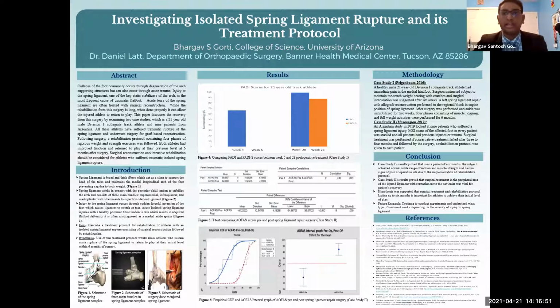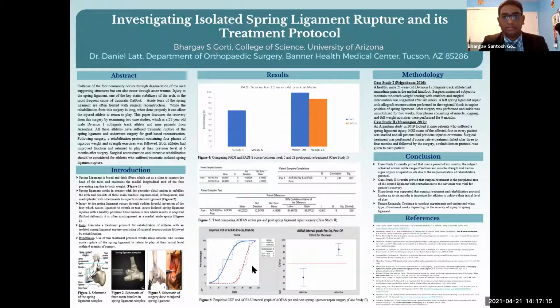The values that I would like to stress on this table is that AOFAS pre has a value of about 39, and the AOFAS post has a value of 84. This shows that there is a significant increase in the treatment for the 9 patients.